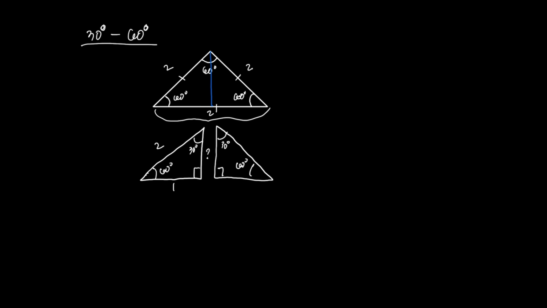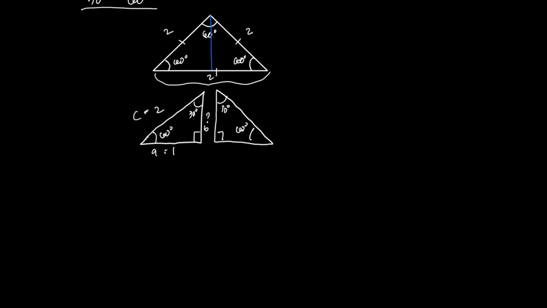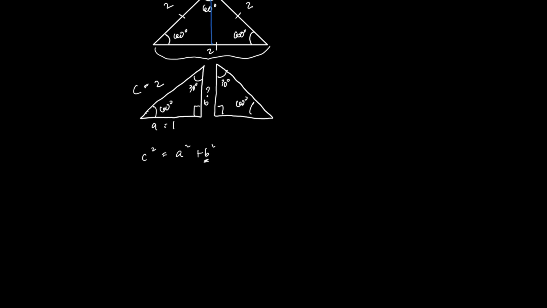Take note that in this new image, after having this side here, we can consider that as A, and this side here as the hypotenuse, which is C, and what is lacking here is side B. So how do we compute side B? Again, the Pythagorean principle is C squared equals A squared plus B squared. And take note, the B is unknown.